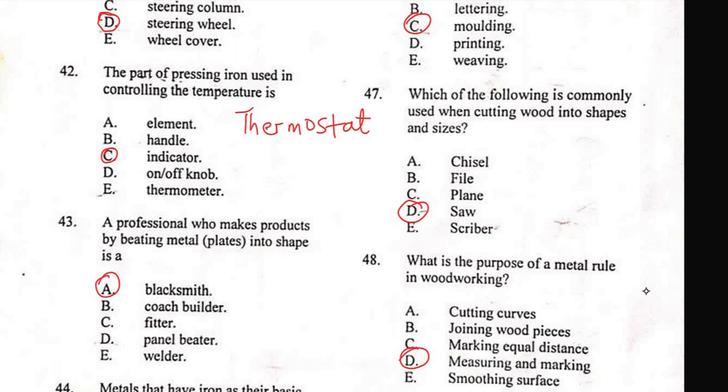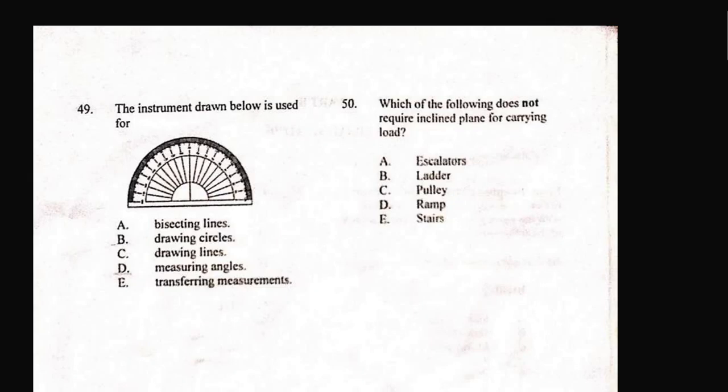We're almost done. Just two questions to go, which are question 49 and 50. We have an instrument in question 49, and the question says, the instrument drawn below is used for A, bisecting lines, B, drawing circles, C, drawing lines, D, measuring angles, E, transferring measurements.